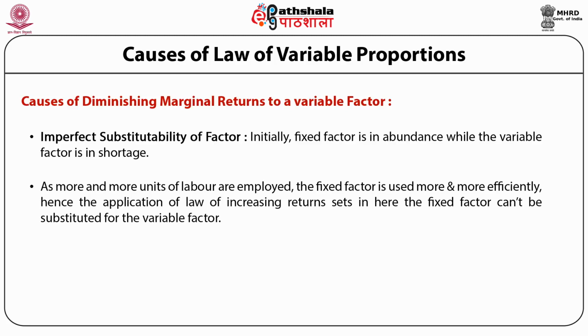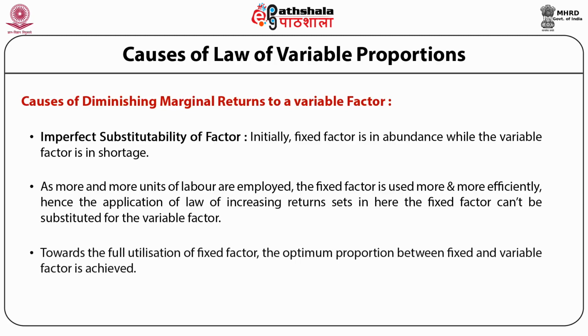Hence, the application of law of increasing returns sets in. Here, the fixed factor can't be substituted for the variable factor. Toward the full utilization of fixed factor, the optimum proportion between fixed and variable factor is achieved.